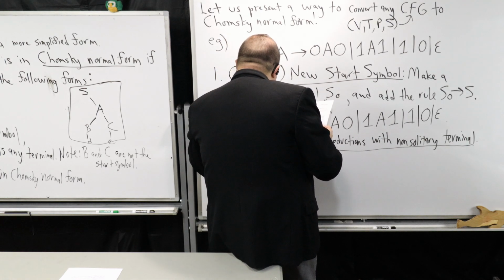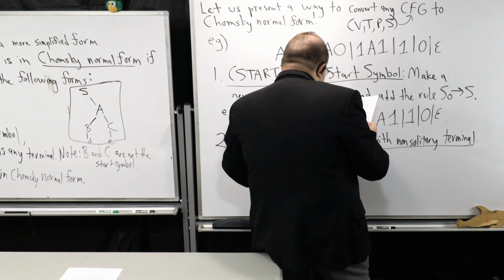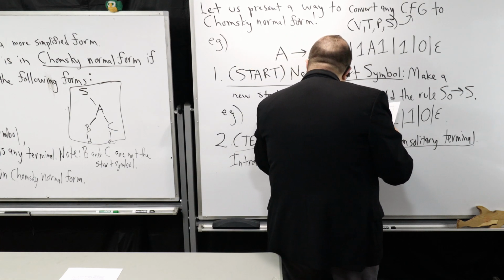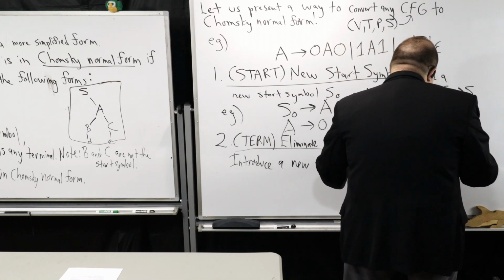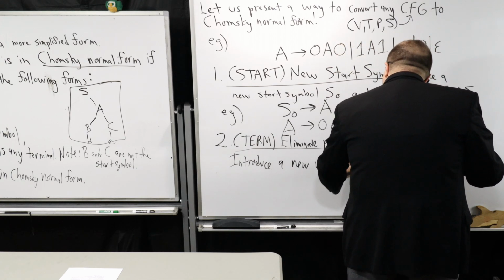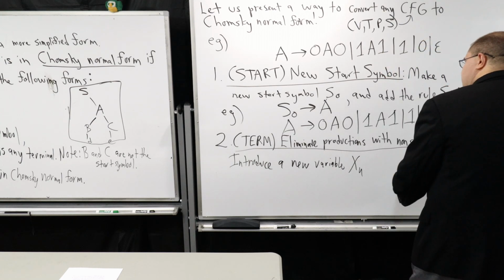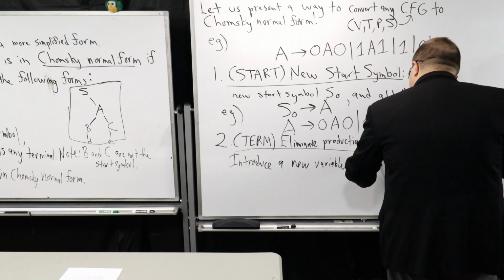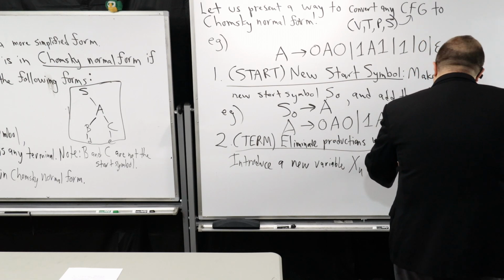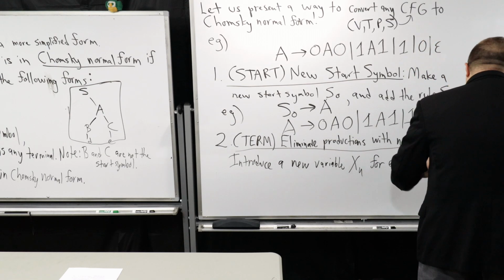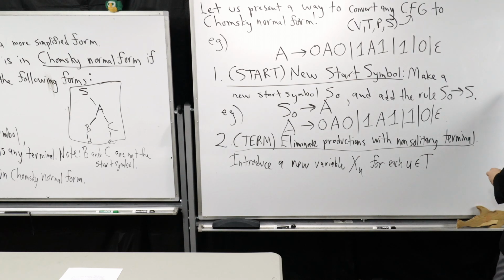Introduce a new variable. I'm going to call it XU, but you could call it whatever you like. I'm just calling it that to make this easier to communicate. XU for each U in T. Remember, that's the set of terminals.